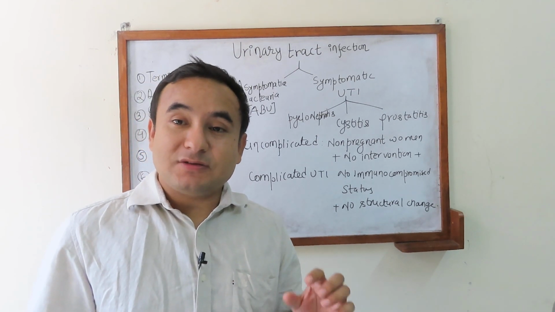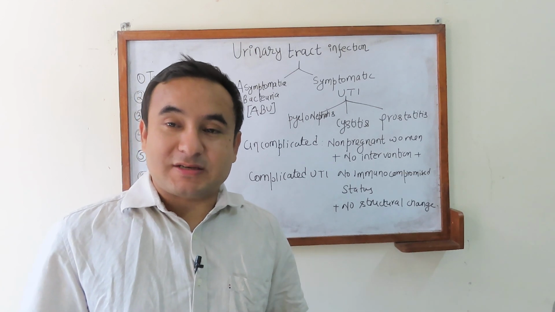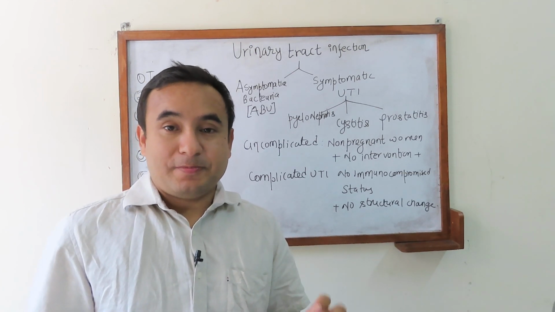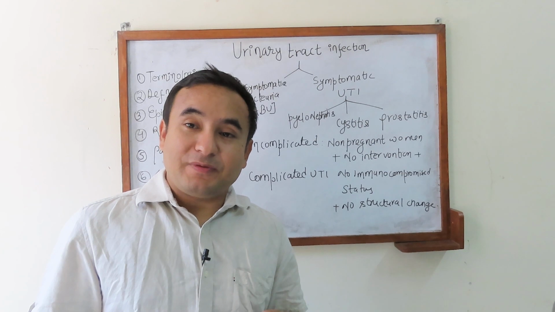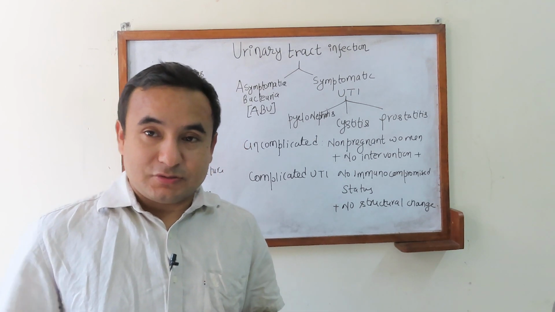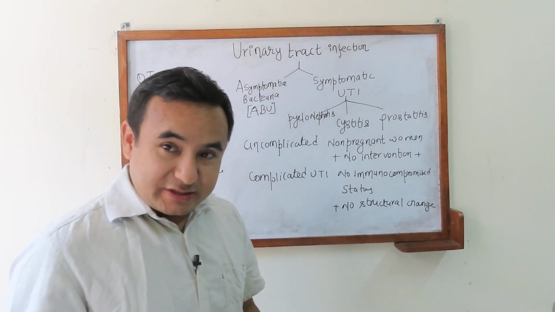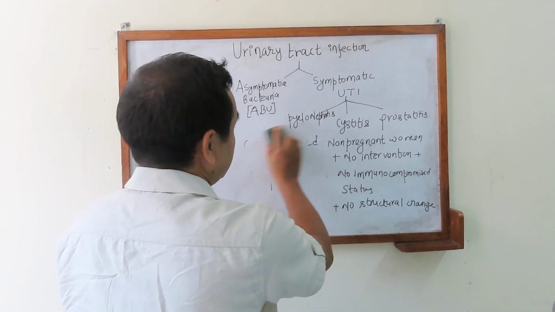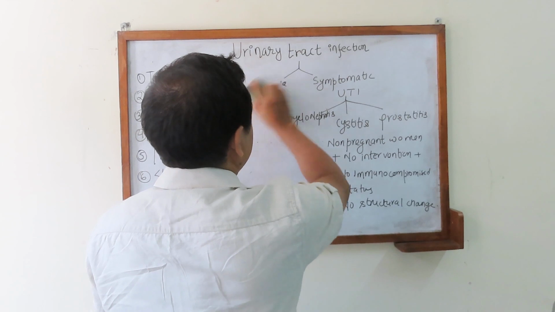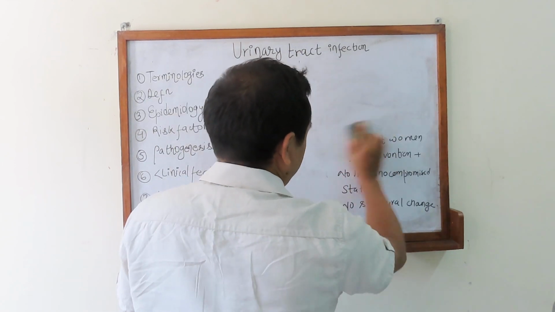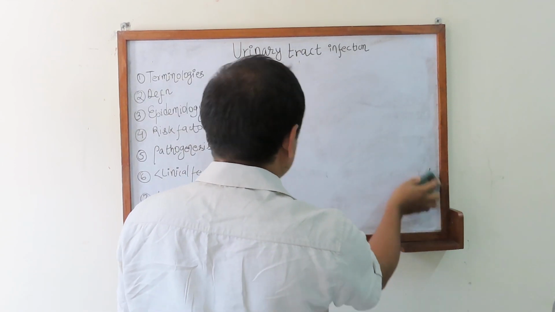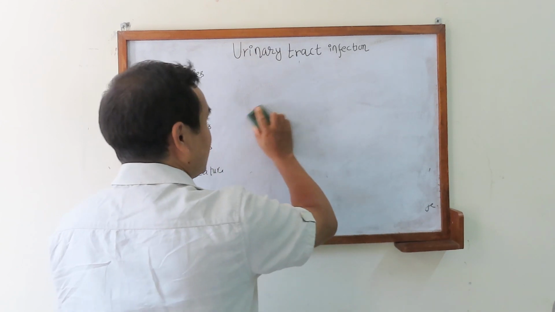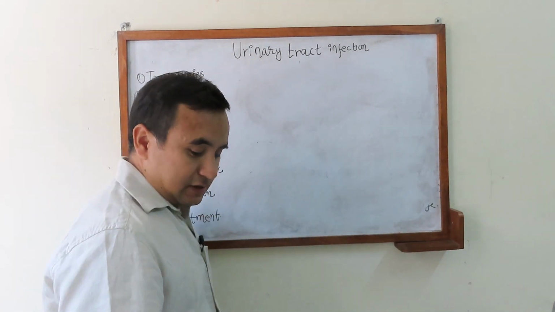If someone has UTI after putting in the Foley's catheter, then that is complicated UTI. If UTI occurs in a pregnant female, then that is also complicated UTI. So, these are the definitions and the terminologies which you use while defining the urinary tract infection. Okay. Now, what is the epidemiology?